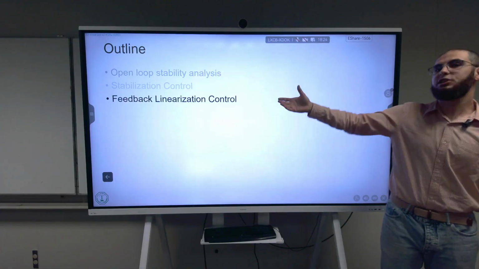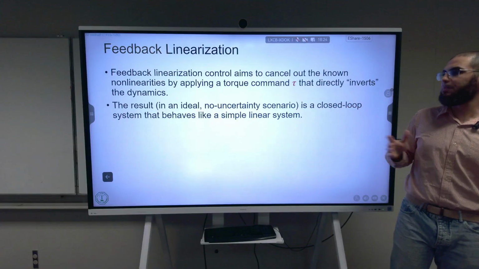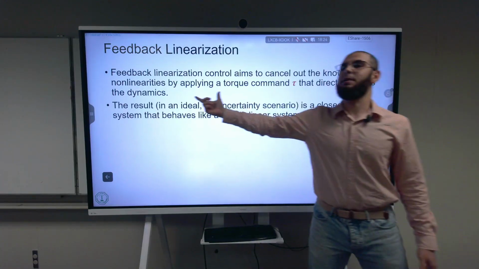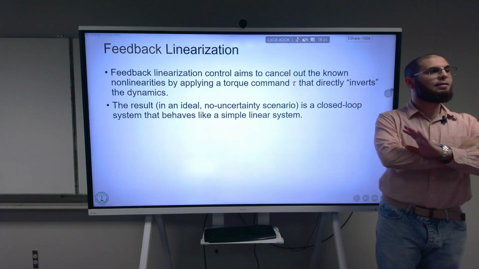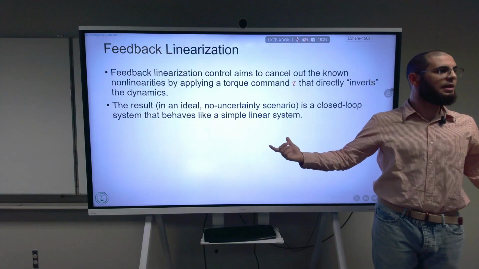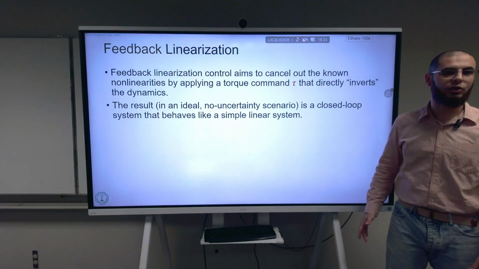What feedback linearization does is that it even goes way beyond what we did. It simply tells you that I'm going to kill the whole dynamics. I'm going to invert the whole system dynamics, and I'm going to make it in the end something that's linear. And if I have a linear system in the end, linear controllers, basic stuff.